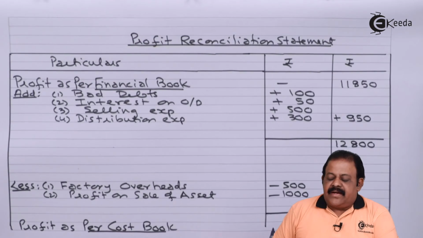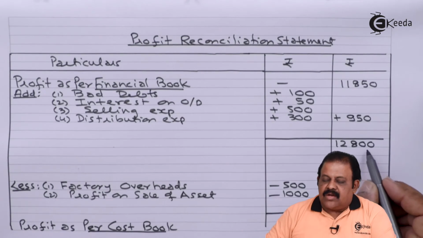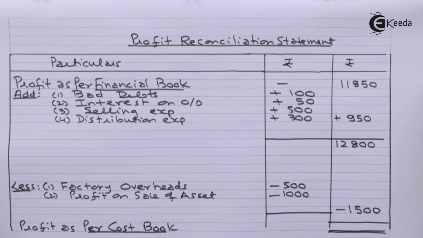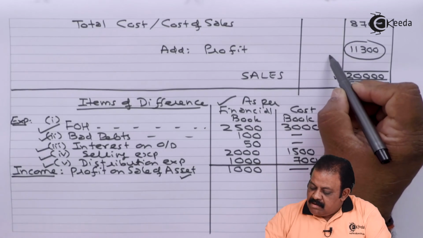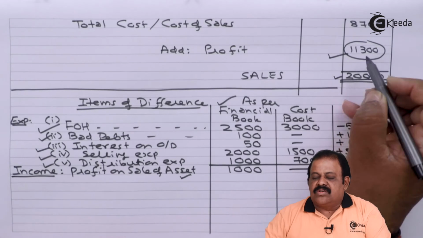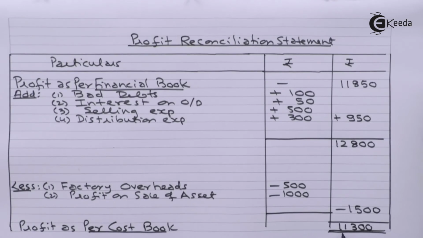It is 1500. This will be deducted from 12,800. So it will be 11,300, the final answer. This should be profit as per cost book. We can verify here profit as per cost sheet was 11,300. Final answer we got here 11,300. That means our profit reconciliation statement is correct.